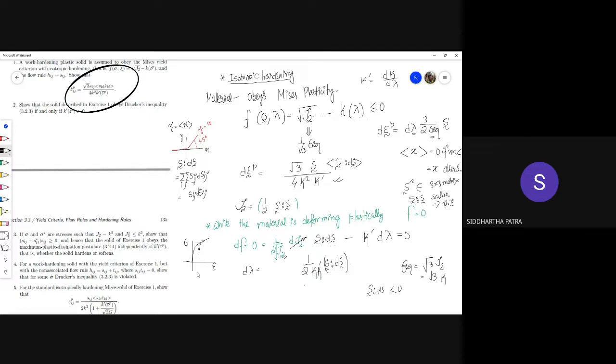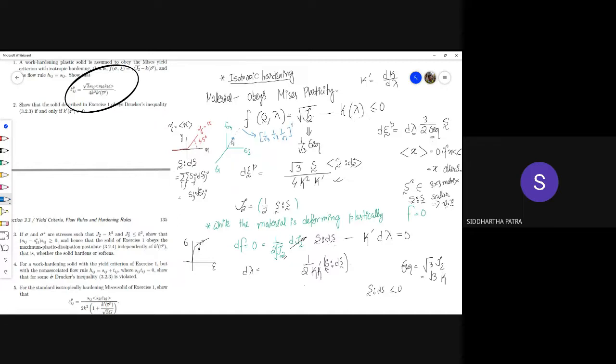And as soon as you try to unload, let's say this is the principal stress space, and alongside it this is the hydrostatic axis, which is given by the unit vector 1 by root 3, 1 by root 3, 1 by root 3, transpose.